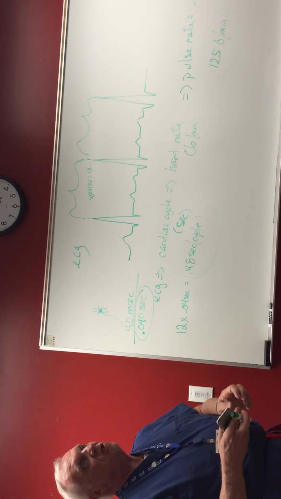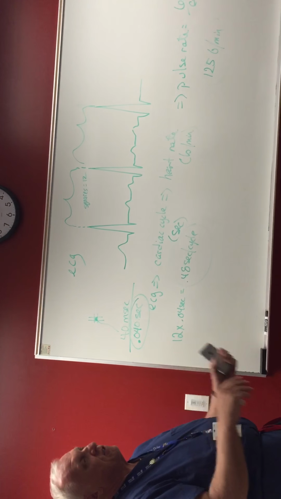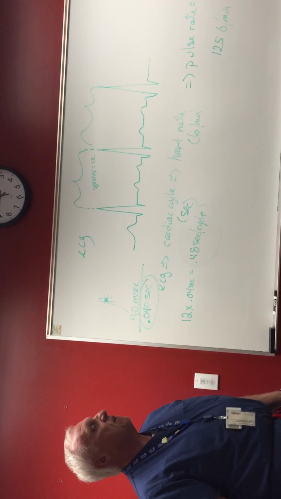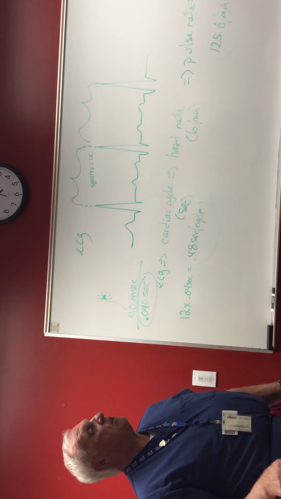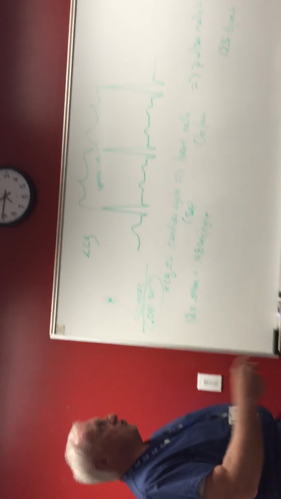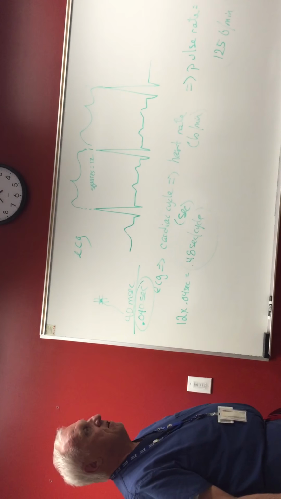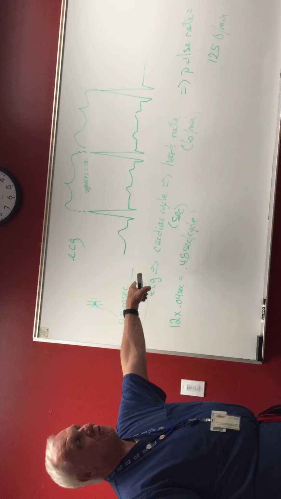On ECG nowadays, we will always print out a short strip and attach it to the form that we give to the physician. On that sheet, the speed of the strip should either be printed out automatically, or you need to write it down. That will then dictate what the little squares equal.